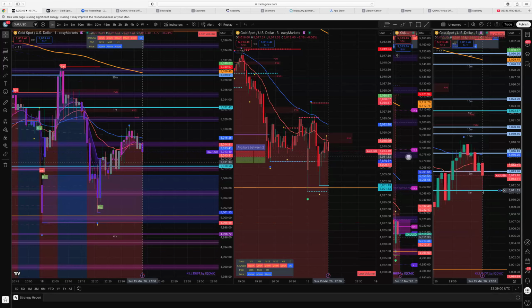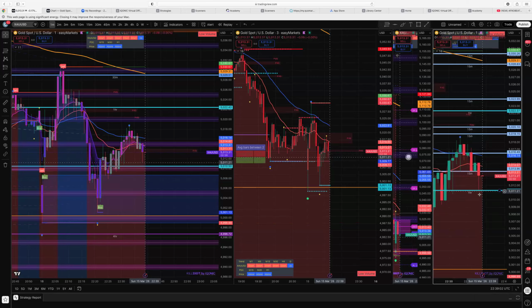See how it bounced off the hour. So we really need it to break this zone here.